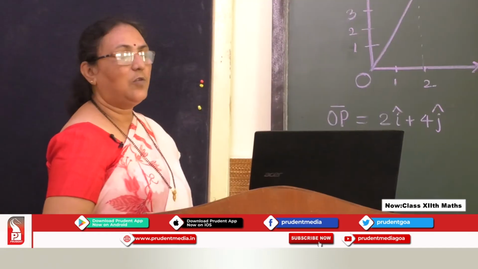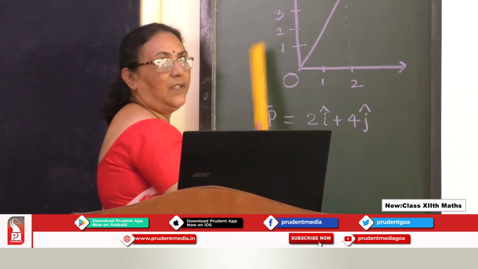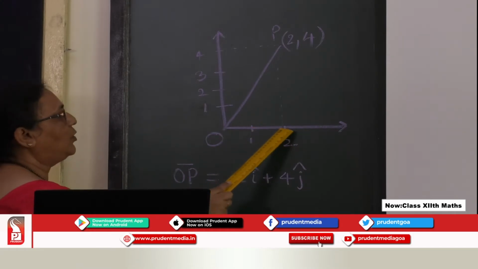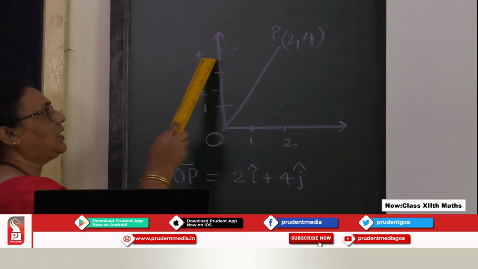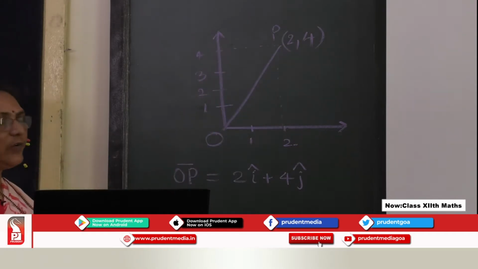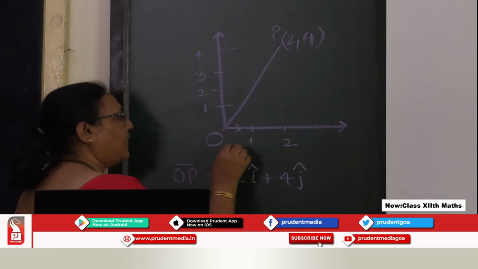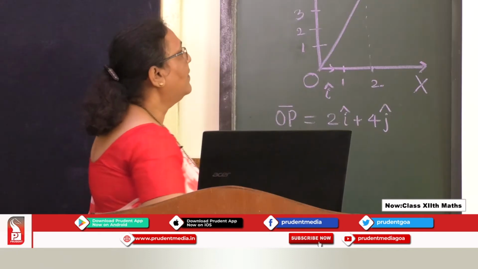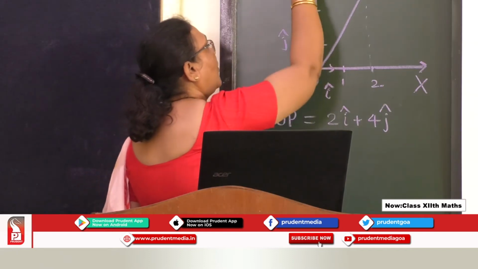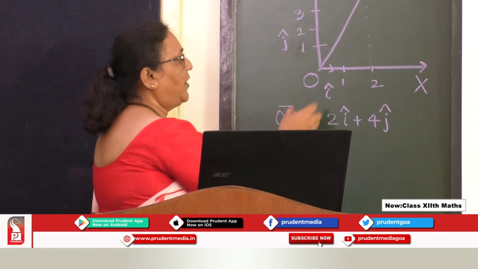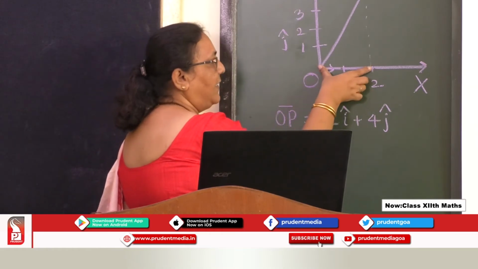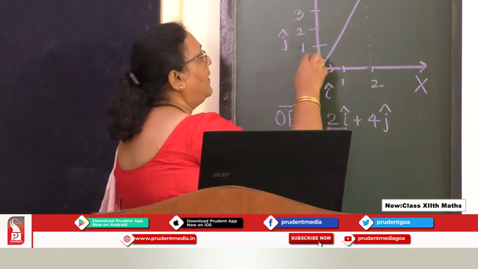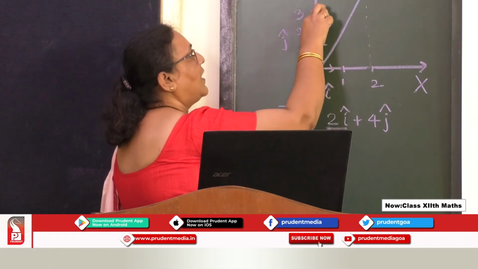Now, see this point 2, 4 I am taking in 2 dimensions. So, this is x axis, this is y axis, and this is from 1, 2, here it is 2 and 1, 2, 3, 4. 2, 4 is this point. Now, i is a unit vector along x axis and j is a unit vector along y axis. Unit vector means this will come as i and till here it is 2i, and j is here, 2j, 3j, 4j.